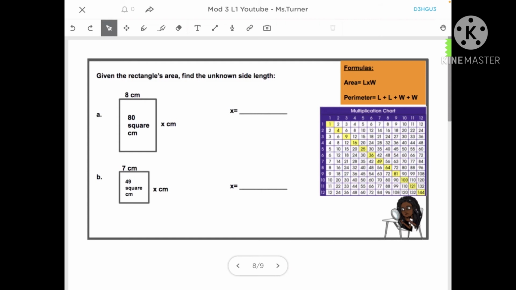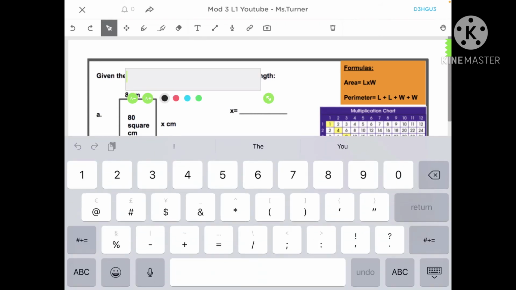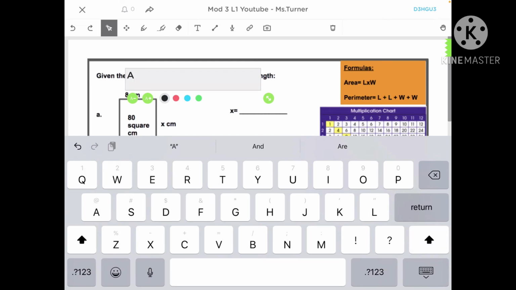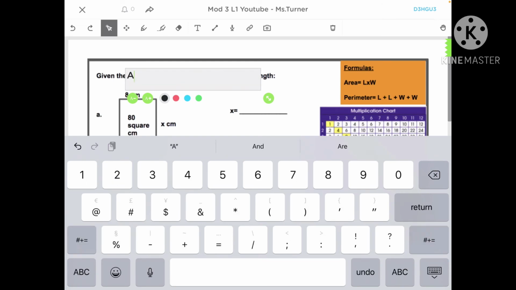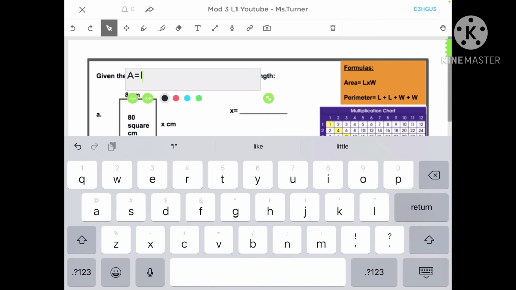I know the length, which is 8 centimeters, but I don't know the width. So in this case, you guys, I know that my formula for area is area equals length times width.